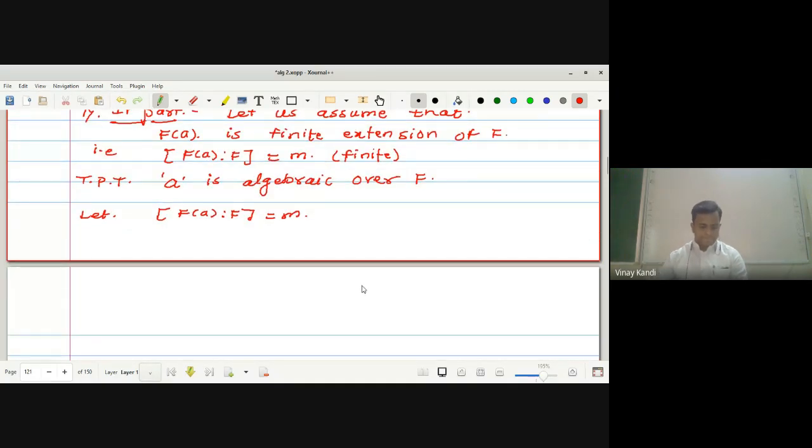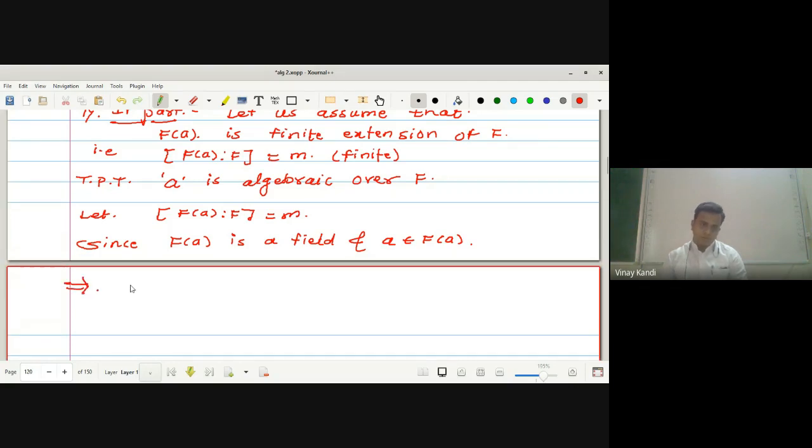Okay, since F(a) is a field, and a belongs to capital F(a), this implies 1, a, a square, a cube, up to so on, a raised to m minus 1 and also a raised to m.